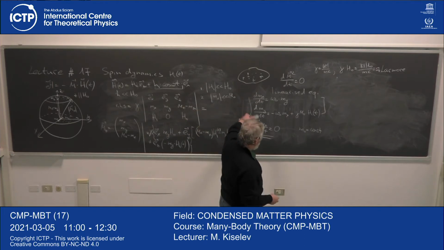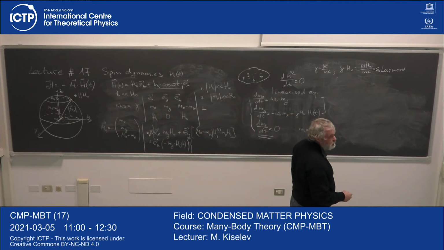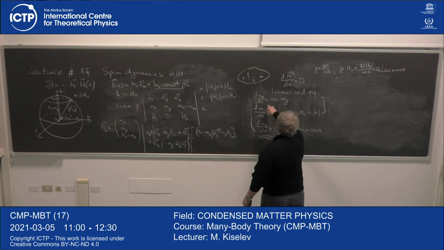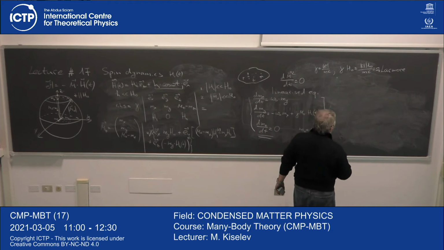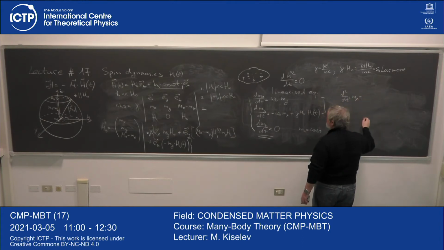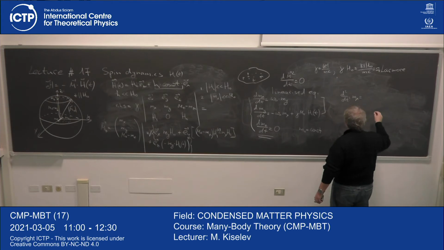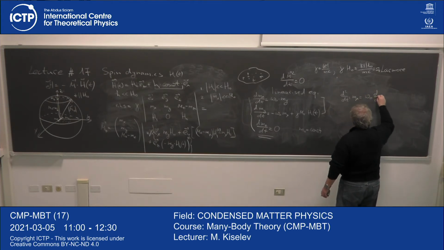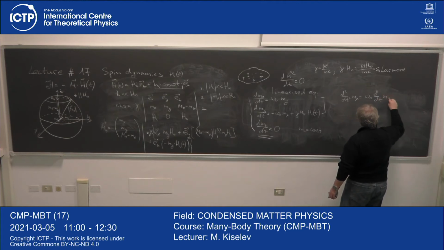In order to write down a closed equation, for example for mx, let me differentiate equation number 1 with respect to time: d2 over dt squared of mx is equal to omega naught d over dt of my.